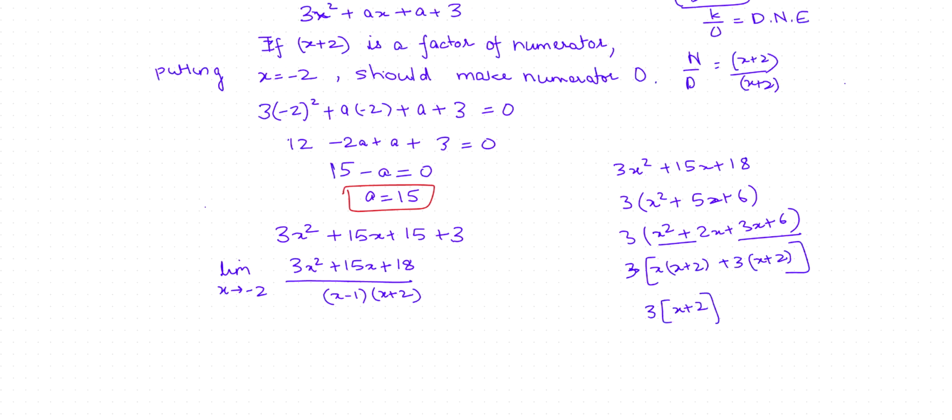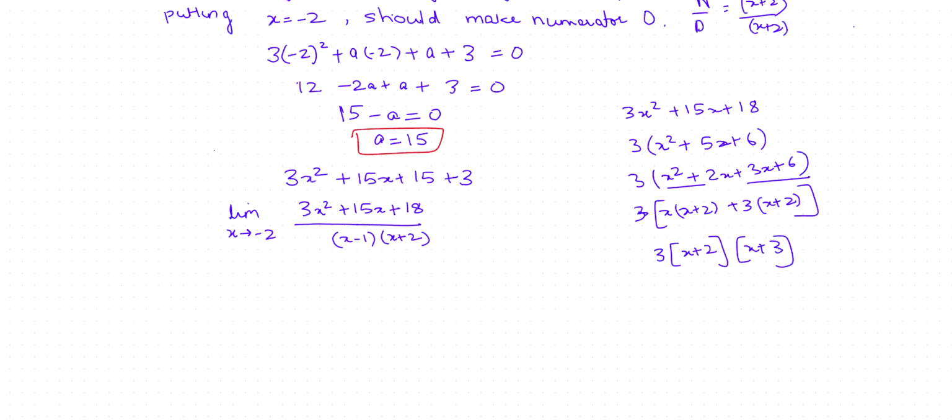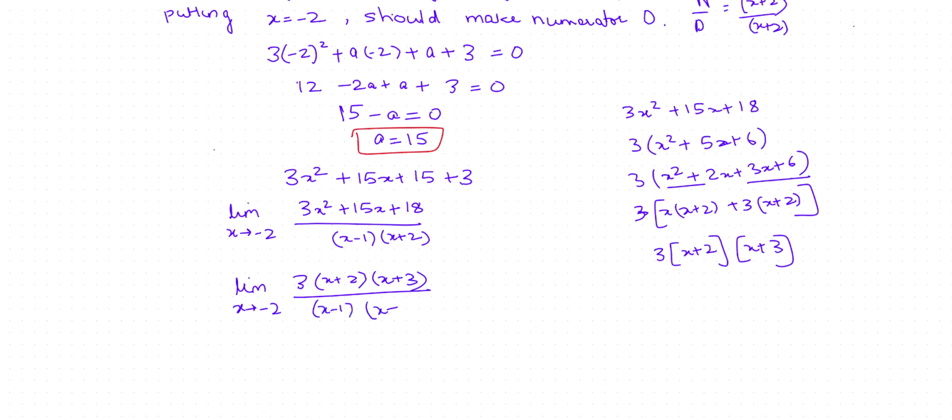Okay, so now let's put these values here. In the limit as x tends to negative 2, 3 we factored out, and this was x plus 2 and x plus 3. Now we can see we have x plus 2 in the denominator and numerator both, so x plus 2 and x plus 2 cancel.